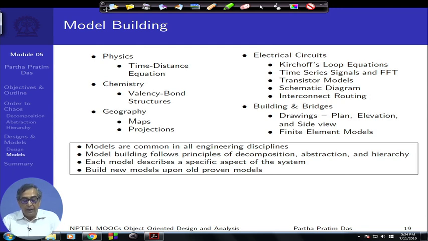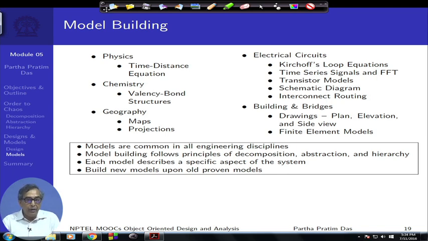Similar examples you will find in the building and construction industry, construction engineering as well, where different drawings are used: plan, elevation, side view. Similarly, on a different model you will have finite element models to actually check if a structure would stand on its feet.